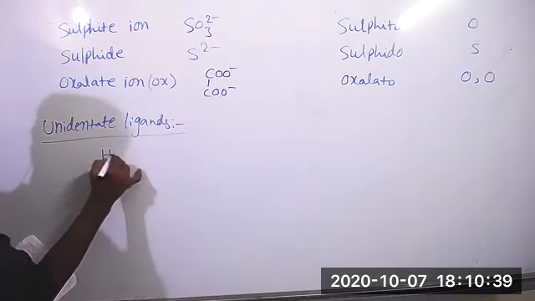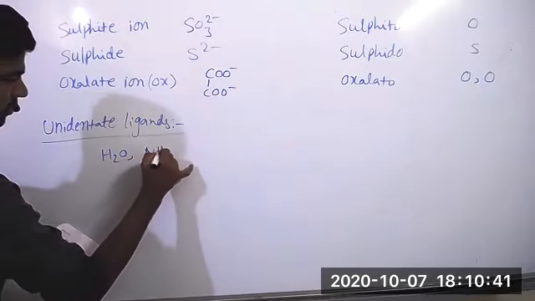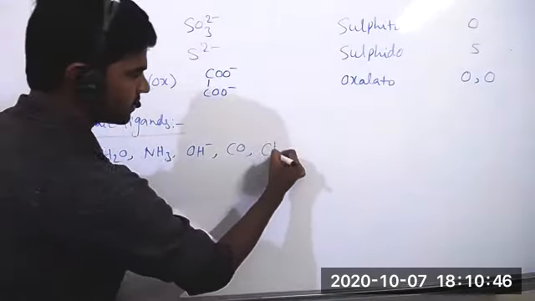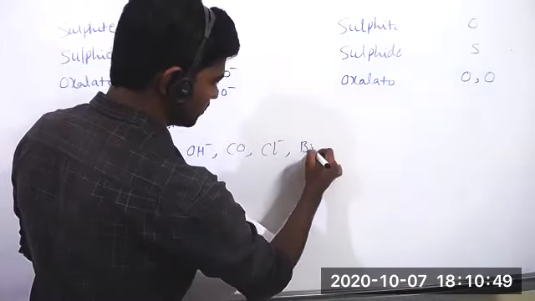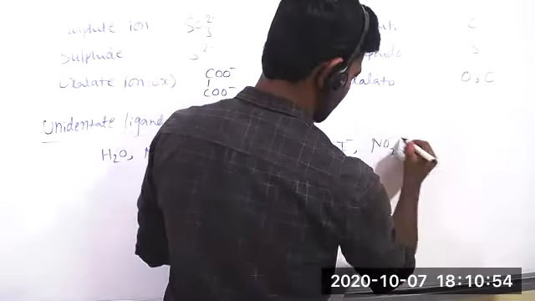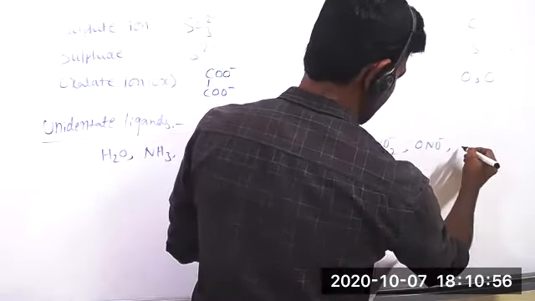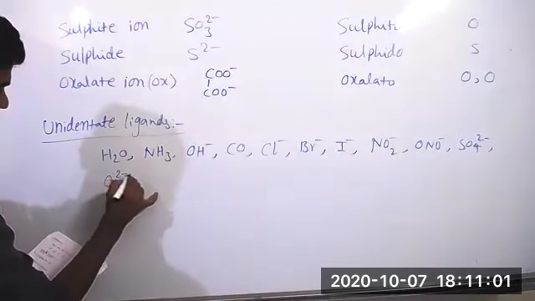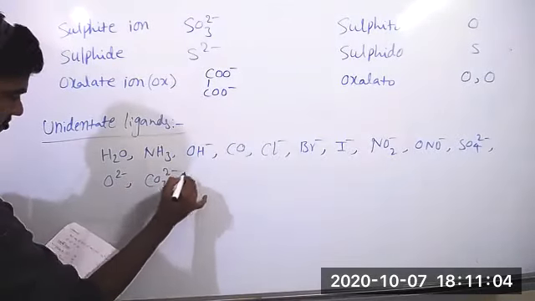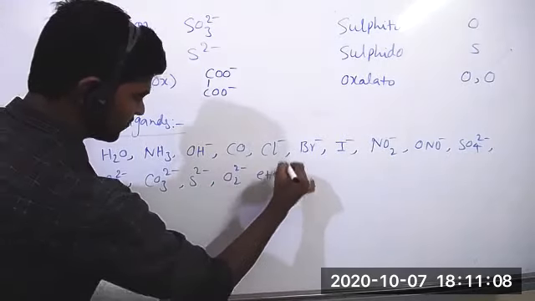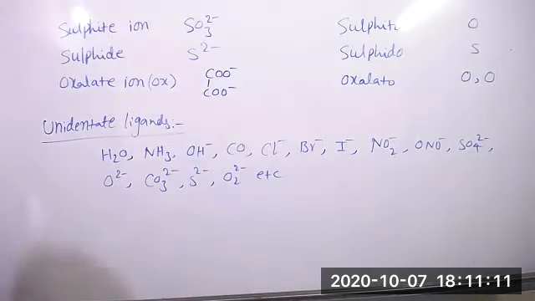Directly I'm writing, don't give names: H2O, NH3, OH minus, carbon monoxide, Cl minus, Br minus, I minus, NO2 minus, ONO minus, SO4 2 minus, O2 minus, CO3 2 minus, S2 minus, and O2 2 minus, etc. These all are unidentate ligands. These are forming one bond with only the central metal atom.